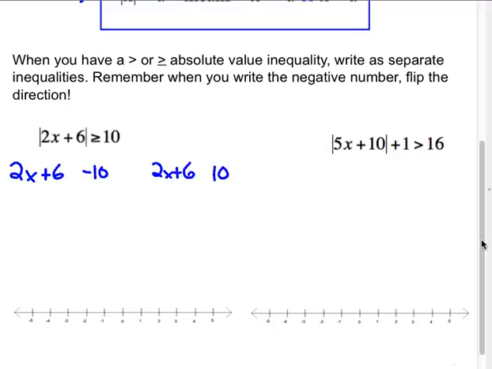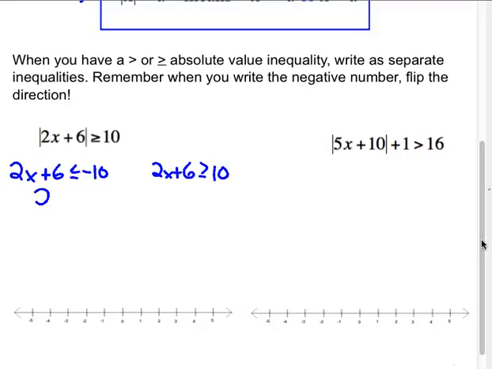The positive you write as is. When you write the -1, you flip it. That's going to be the easiest way to remember what you're doing. Write it twice, write it completely regular, and then when you write the negative version, remember negative, switch the direction of the inequality. And now, just solve.